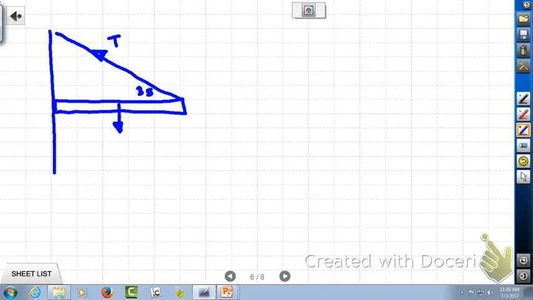What was this, 6 kilograms? Was that right? 60 newtons? I can't remember. 40? Yeah? And this was 6 meters long, that's right.